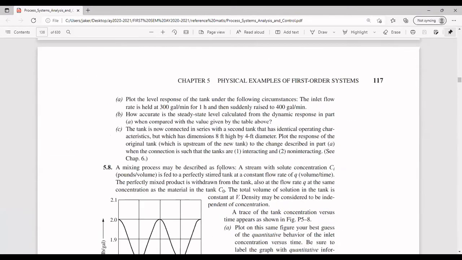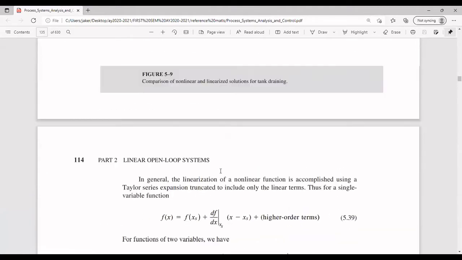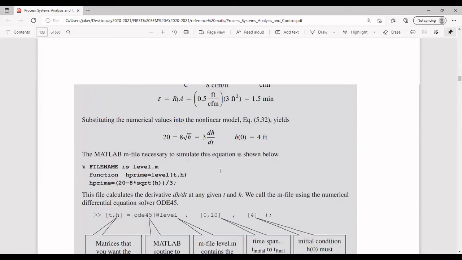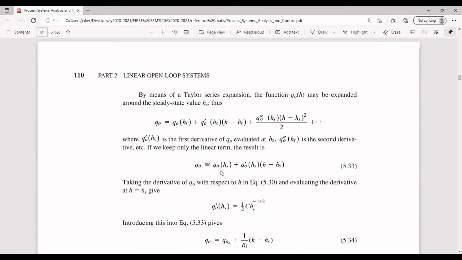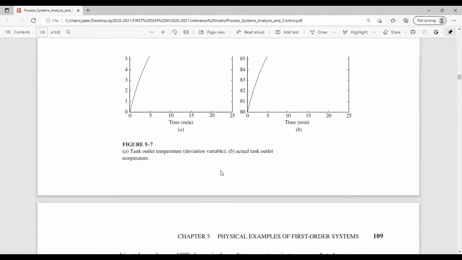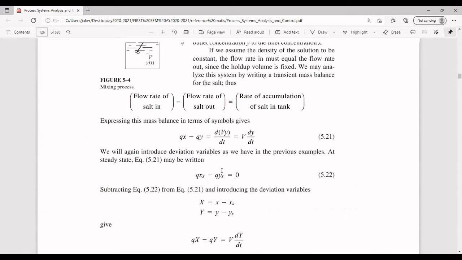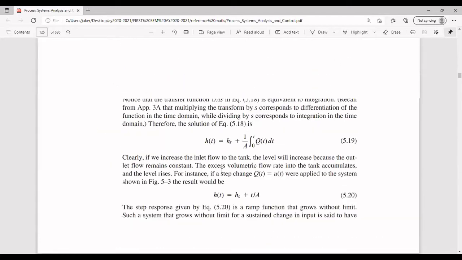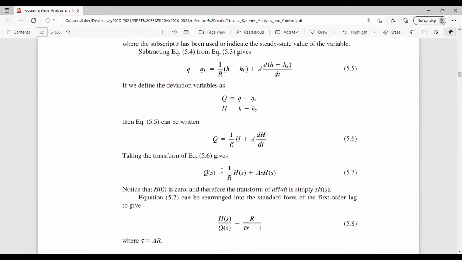Wait. It's a physical example, so we go to forcing functions.